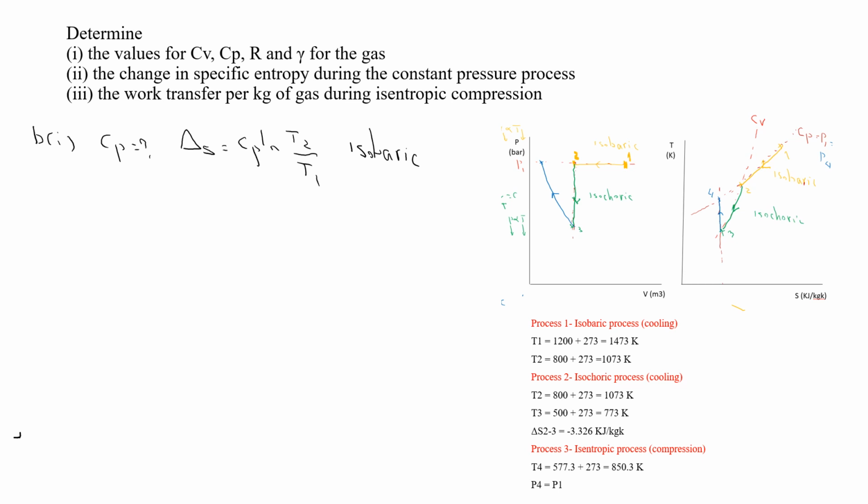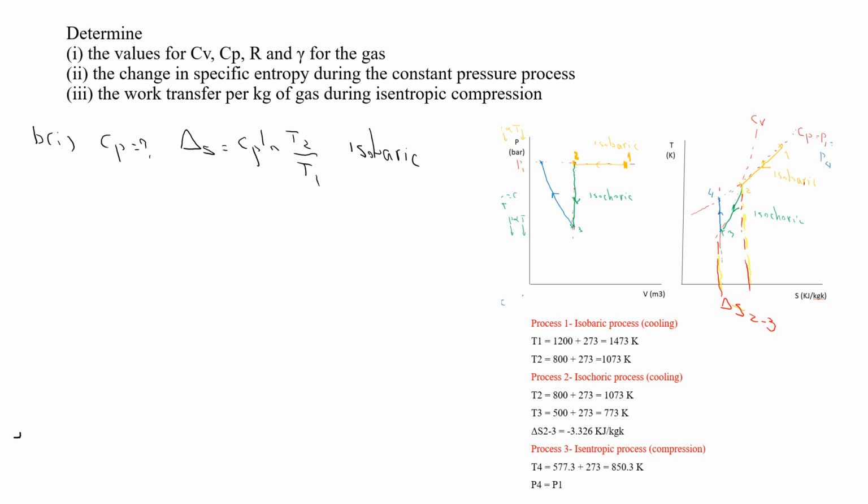The point is that now we have got the value for delta S23, but we cannot use it because that is for the isochoric process.